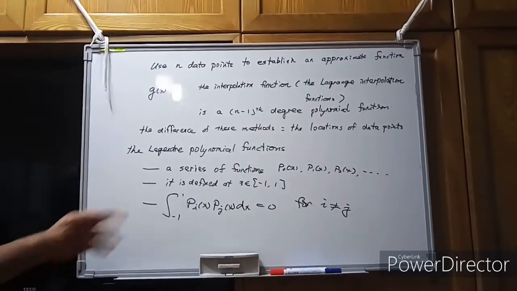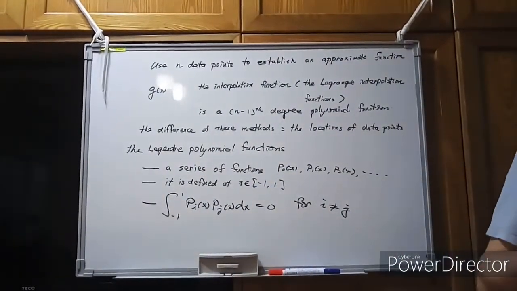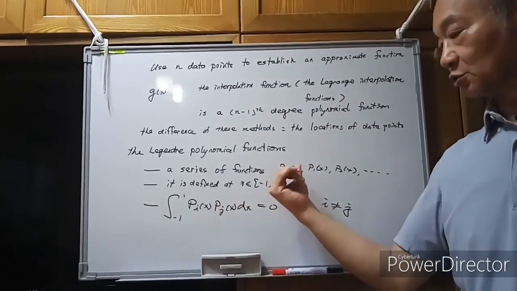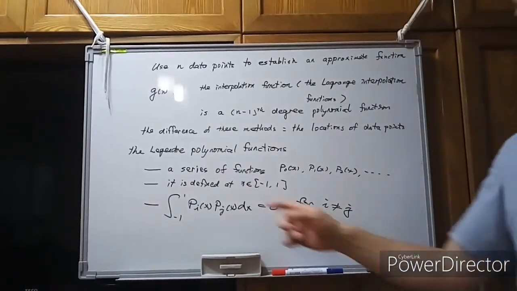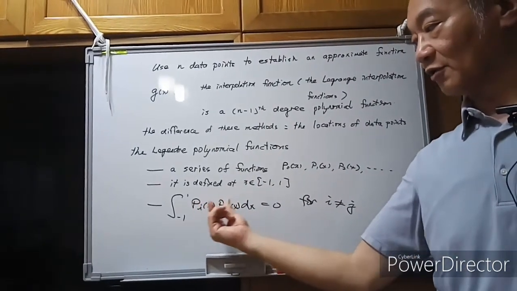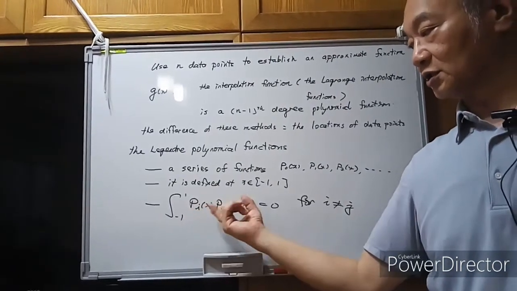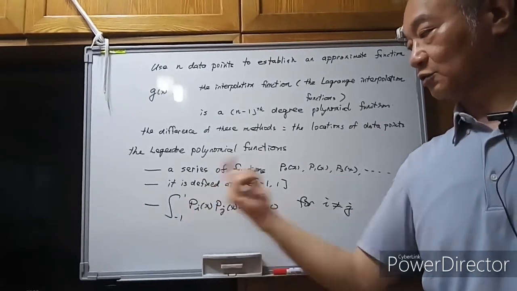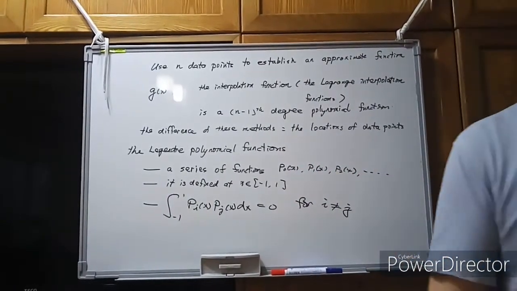If we multiply two different Legendre polynomial functions, since they are a series of functions, the i and j could change from 0 to any integer up to infinity. If i is not equal to j, if we multiply Pi of x by Pj of x, and integrate the product of these two functions from -1 to +1, it will be equal to 0 if i is not equal to j.